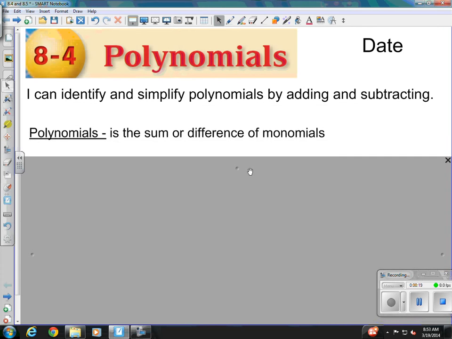So our very first vocabulary word is a polynomial. A polynomial is the sum or difference of monomials. If you think about the words sum and difference, that now means we're allowed to add and subtract.